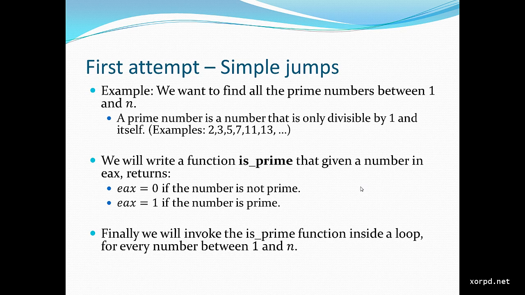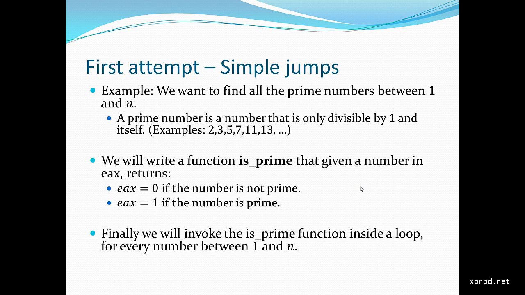Finally, after we write this function, we will be able to invoke it inside a loop. We are going to iterate for every number between 1 and n, and then we are going to set EAX to be the current loop number, the current iteration number, and we are going to invoke the isPrime function.